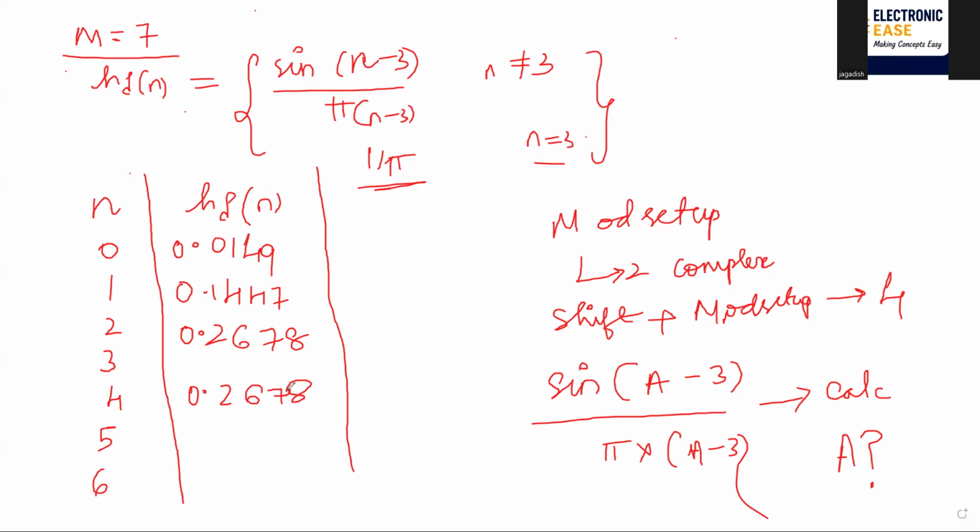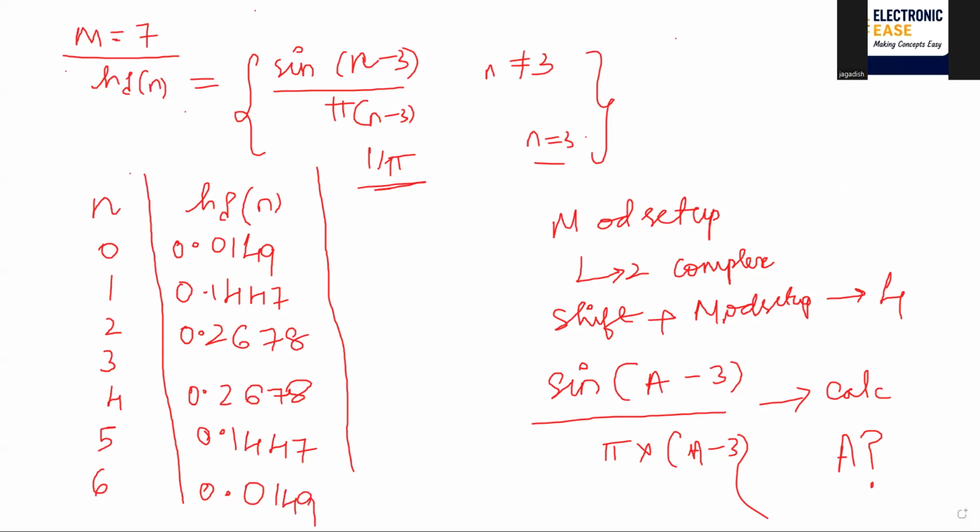Next, again press calc, put a value as 5. So you will be getting 0.1447. For 6, if you press, you will be getting 0.0149. For 3, what you need to do, students?